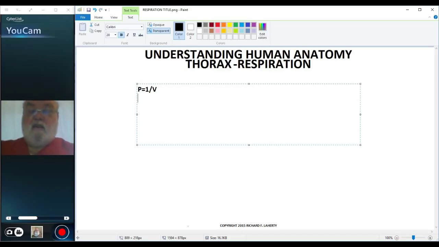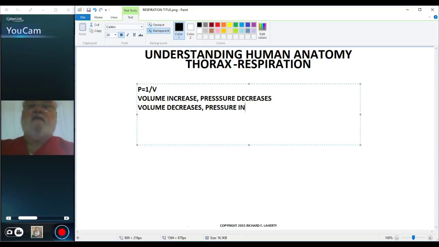So, if volume increases, then pressure decreases. Conversely, if volume decreases, then pressure increases.